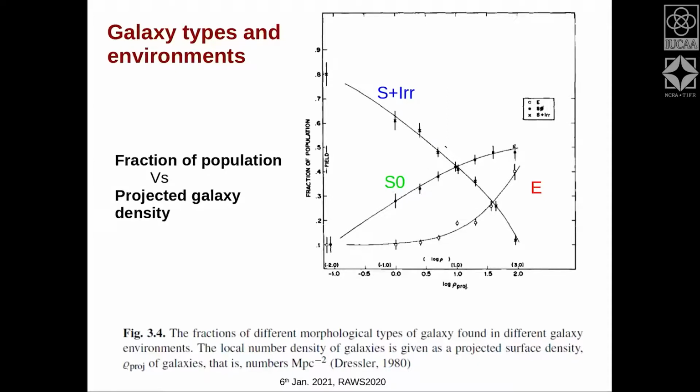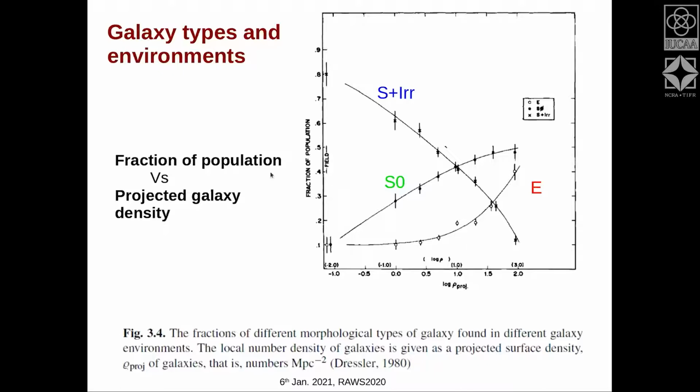The fraction of S0 galaxies is also rising, but the populations of spirals and irregular galaxies are falling. In these regions, with densities nearing galaxy cluster-like objects, the fraction of elliptical and S0 galaxies is very high compared to other galaxies.